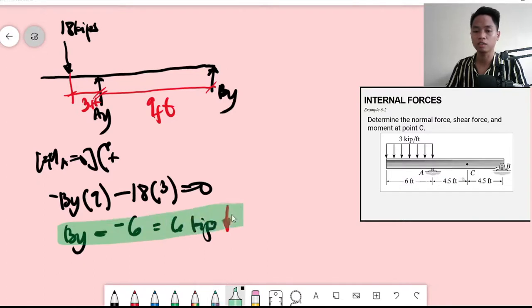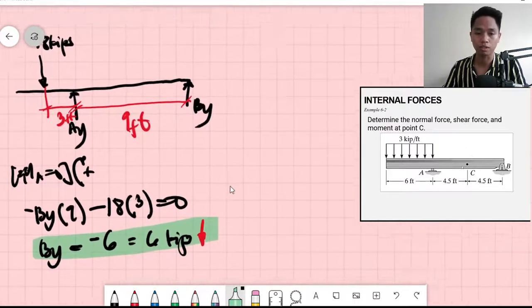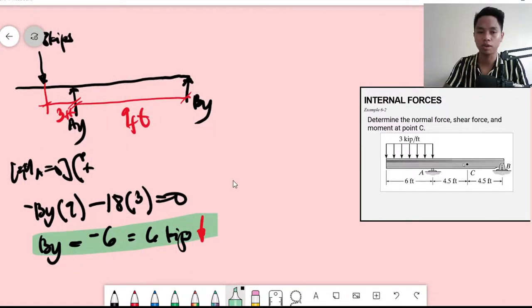Take note, because the direction of your reaction will matter. Then summation of forces Y. AY is unknown, so we can solve for it. Summation of forces Y is equal to 0. Upward forces are positive.